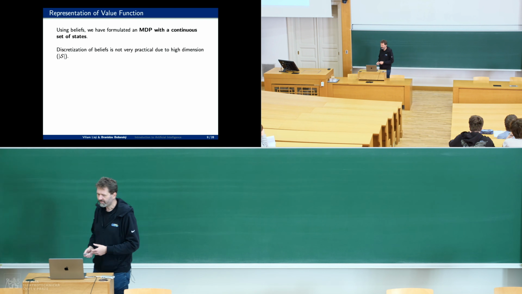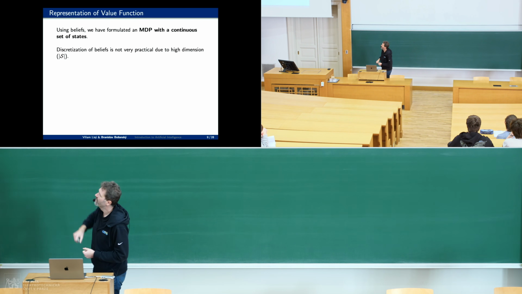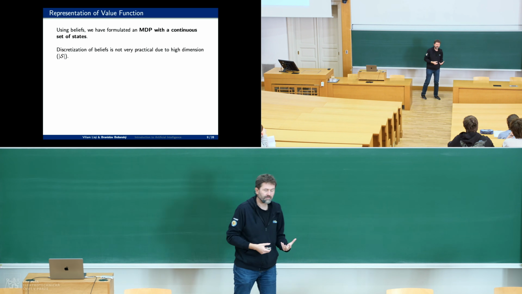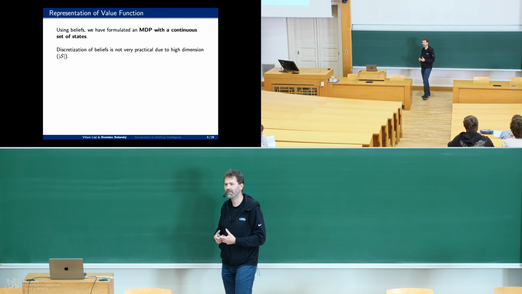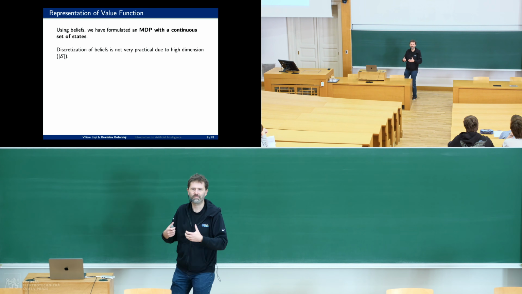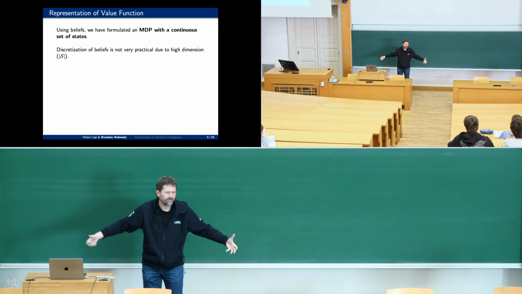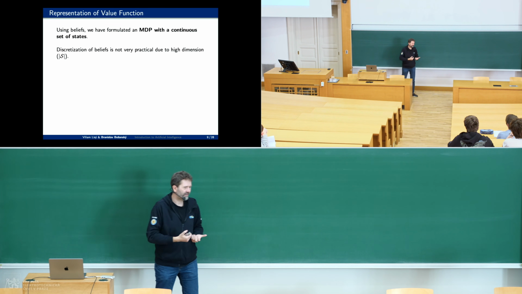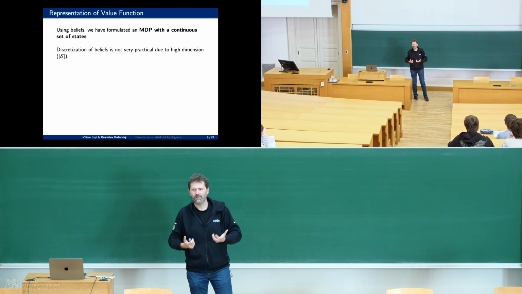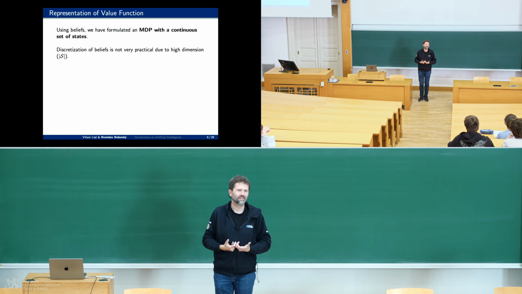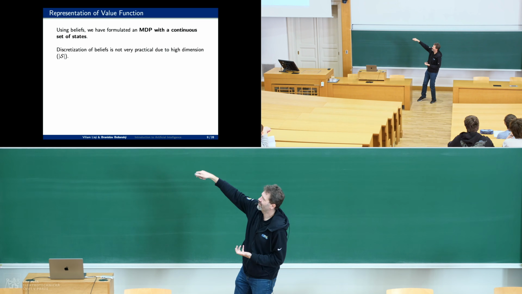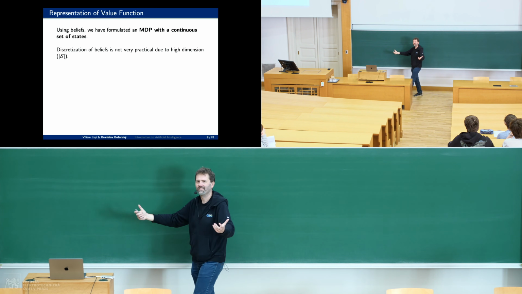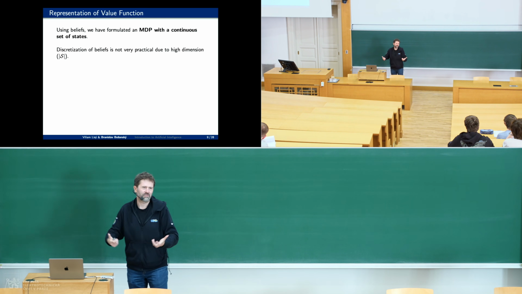And here it would be really, really huge because the beliefs are high dimensional with respect to the number of states, because a belief is a probability distribution over all possible states. If we have a reasonably large POMDP problem with tens of thousands of states, then you technically want to discretize a simplex with 10,000 dimensions, which is not really possible.